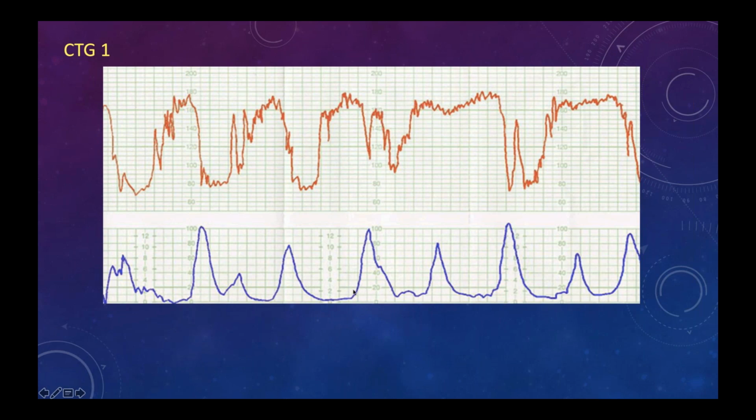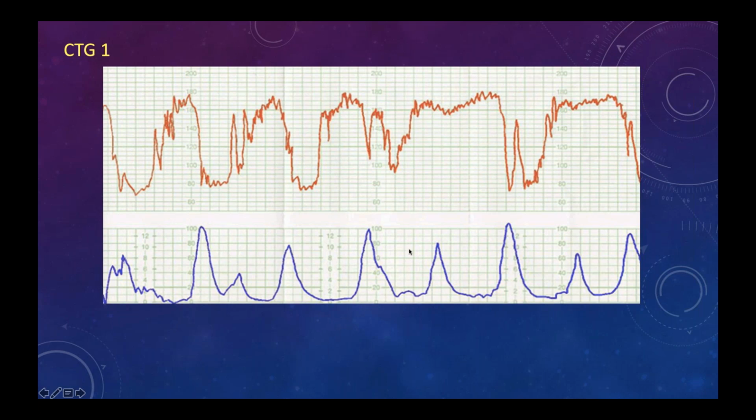These are the contractions. You have to take the part of the CTG where there are no contractions. So if you see there is no contraction, you can say this is the baseline. So this is 160 and it is more than that.